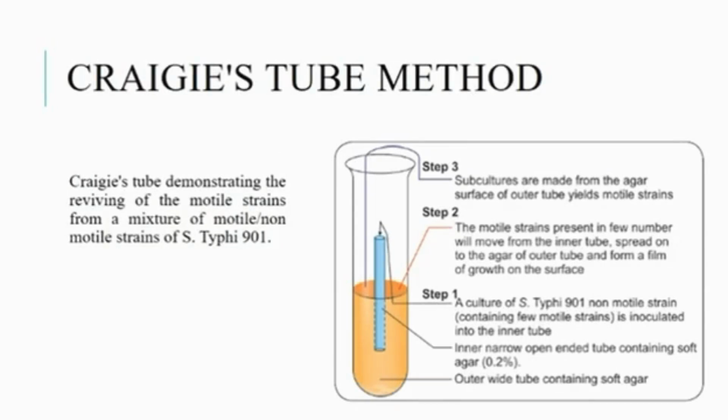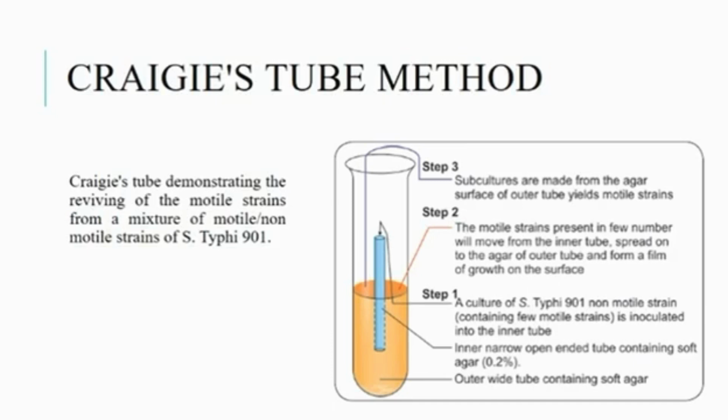Next method is Craigie's tube method. In this method, we take one outer wide tube which contains soft agar, and an inner narrow open-ended tube which contains soft agar of 0.2%. A culture of Salmonella typhi 901 non-motile strain is inoculated into the inner tube.